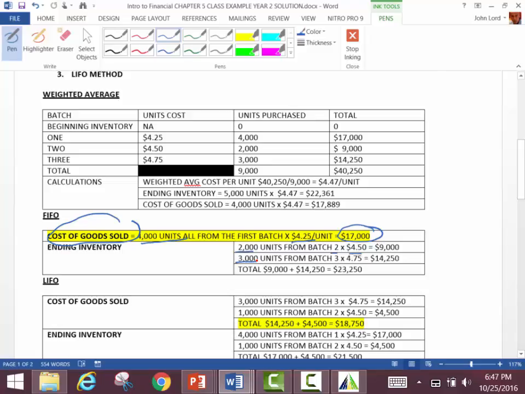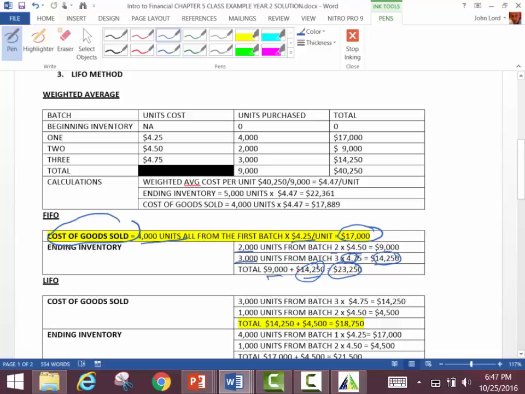They're the batch 3 ones, the 3,000 we bought on 10-31, and those get costed at 475, don't they? So you do the math on that, and you are able to calculate your cost of goods sold and your ending inventory, the 9,000 from batch 2 plus the 1450, right, from batch 3.